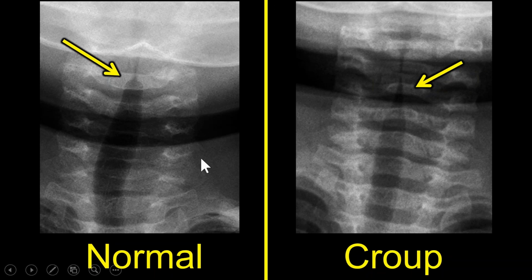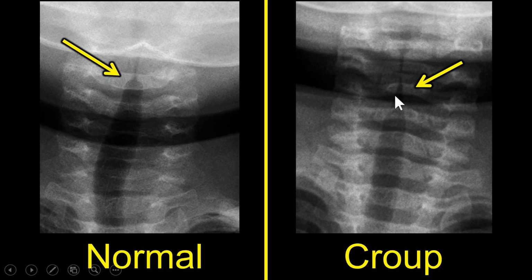So with imaging, again, this is another one of the few areas where plain film is used in the head and neck world. This is an anterior view. So on the left side of your screen, you have a normal airway. And on the right side, we have croup. So on the normal image, on the anterior view, you see the airway very dark. And at the very top, you have a normal shouldering of the airway when you get up to where the cricoid is.